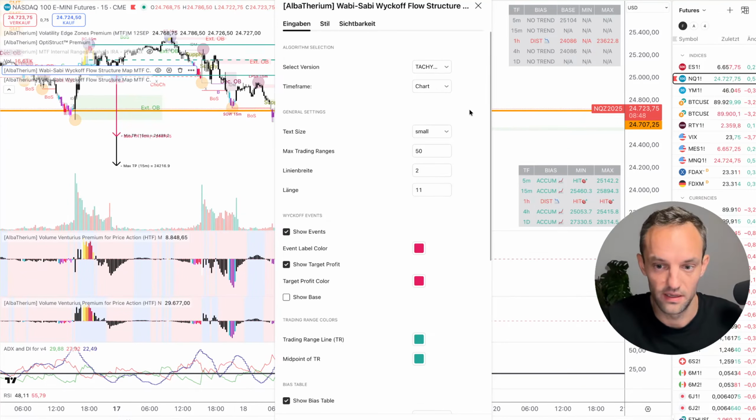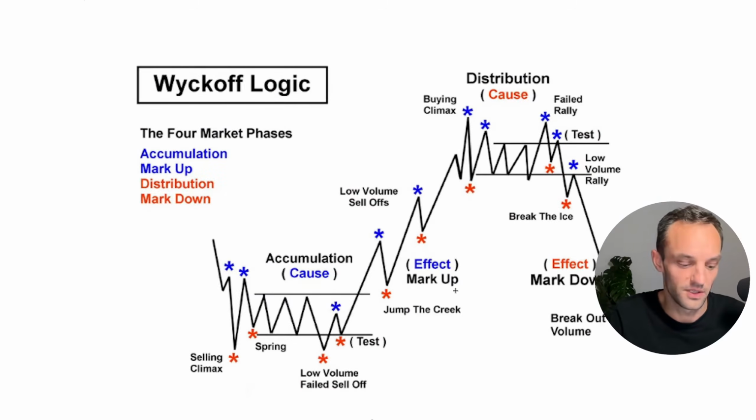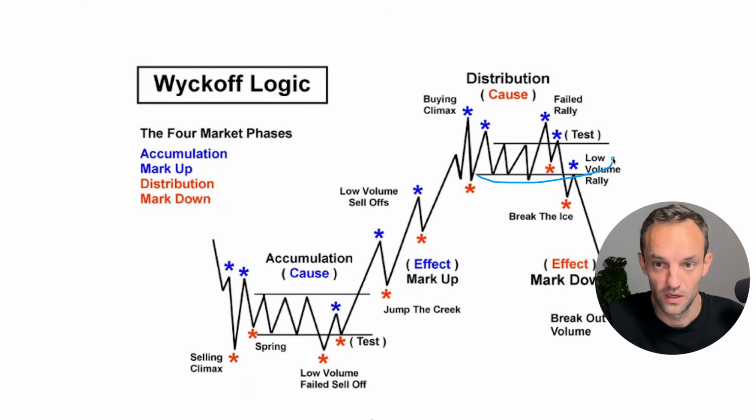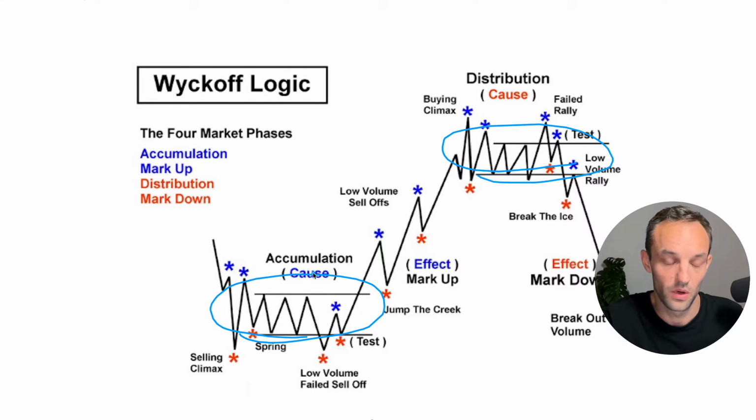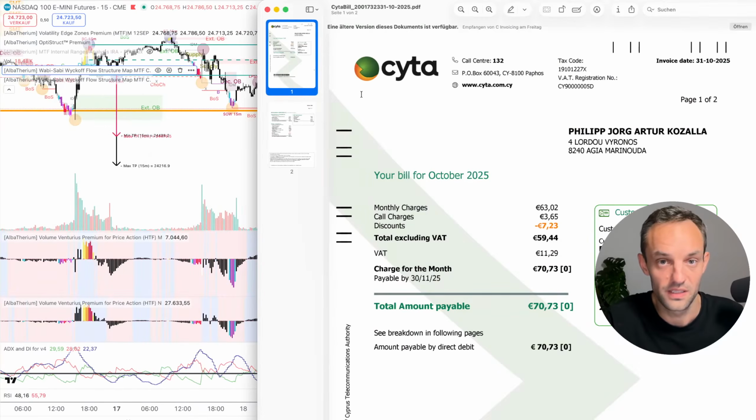You know this, which detects Wyckoff ranges. What is Wyckoff ranges? You know this kind of Wyckoff logic. We detect the ranges here, accumulation and distribution, more accurate. And then we'll point out targets when there is a breakout of the range to the downside or to the upside.